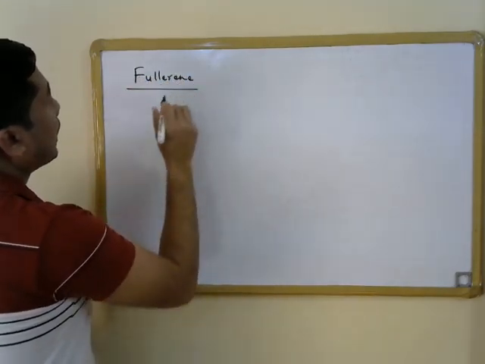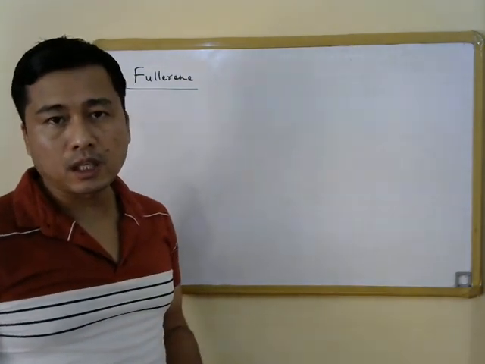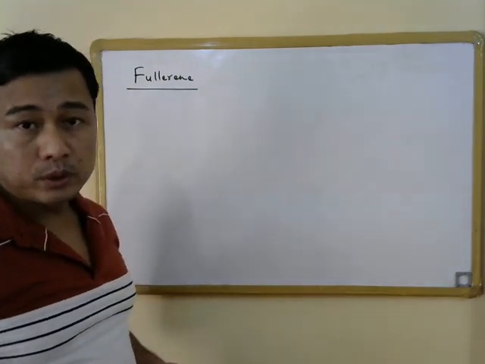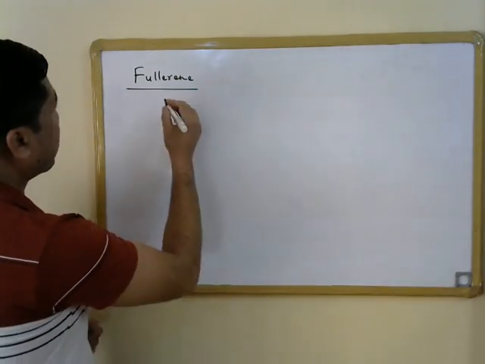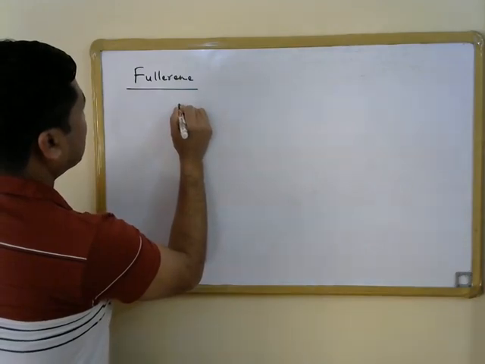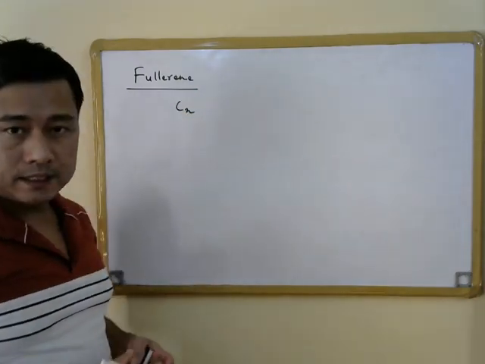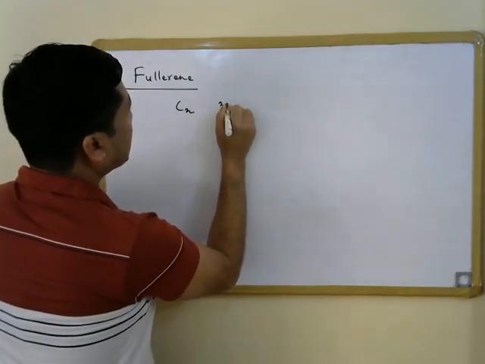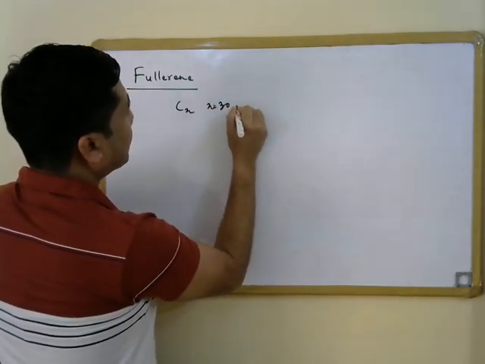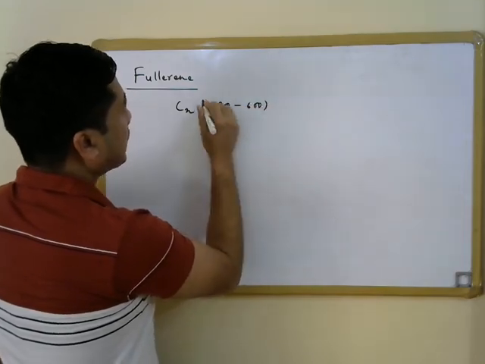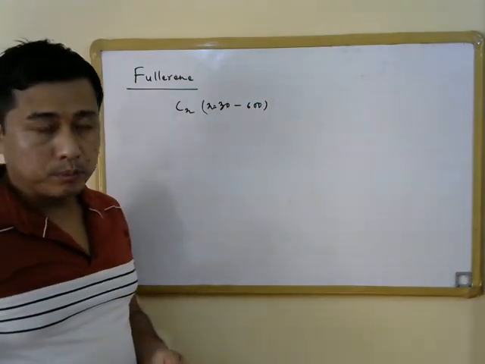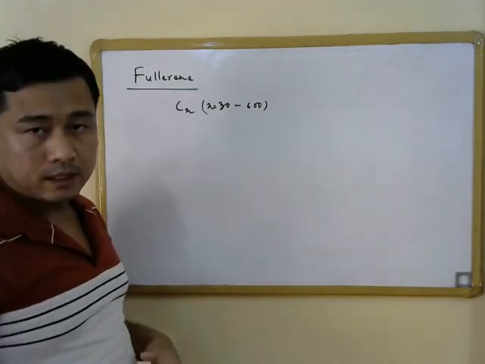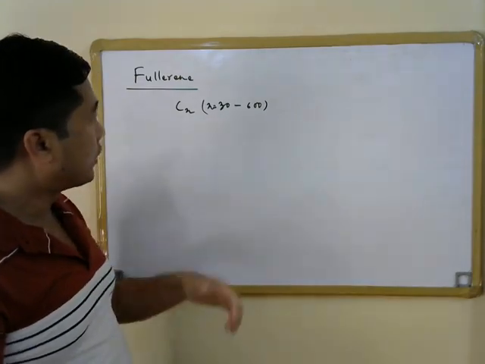Unlike other allotropes of carbon, fullerenes are discrete molecules, and these molecules are essentially of formulation Cn, where n can be anything between 30 to 600. So there are fullerene molecules or Cn molecules with n equal to 30 to 600.